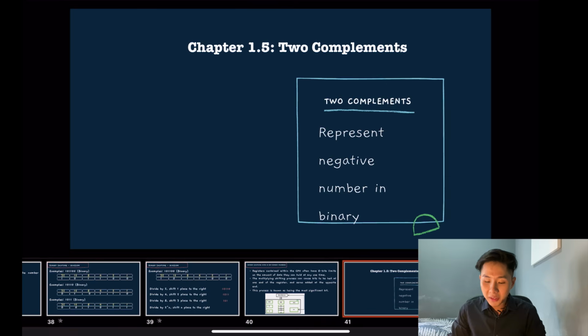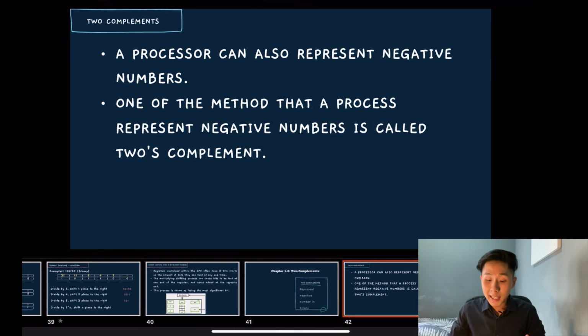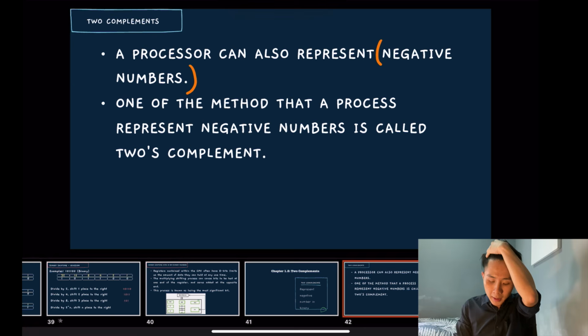So let's move on to 2's complement, which is a number system that helps us to represent negative numbers. A processor can also represent negative numbers such as -5, -100. One of the methods a processor can use is called the 2's complement. It's very similar to the binary system, but with a slight twist.